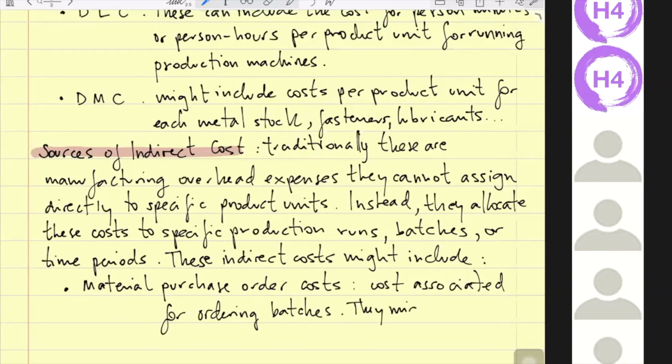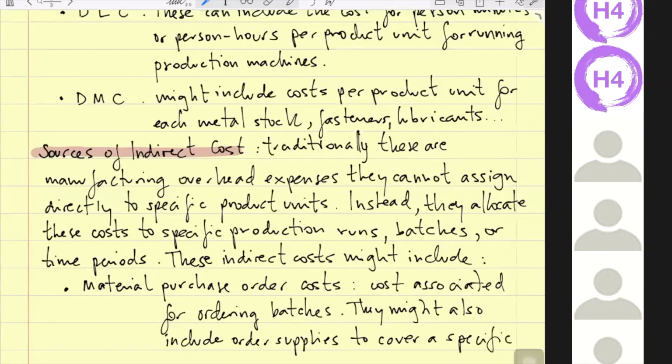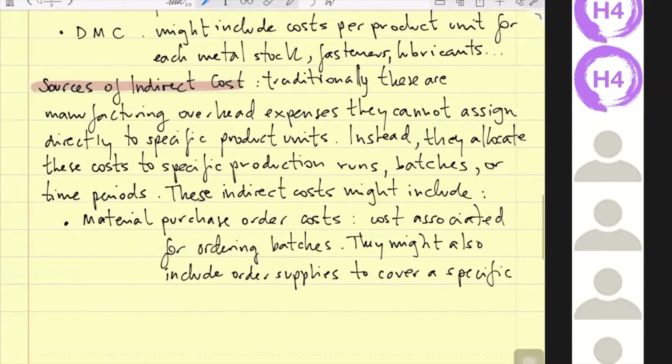They might also include order supplies to cover a specific time span.